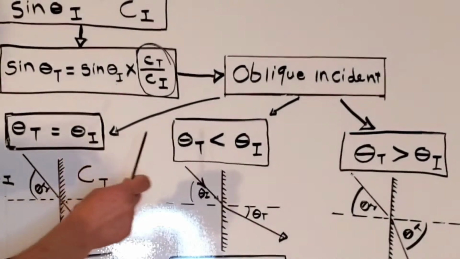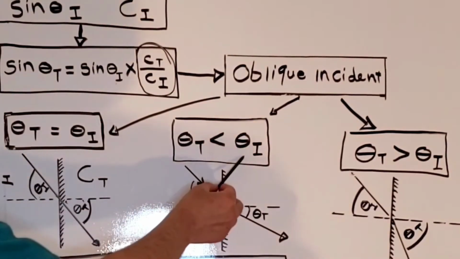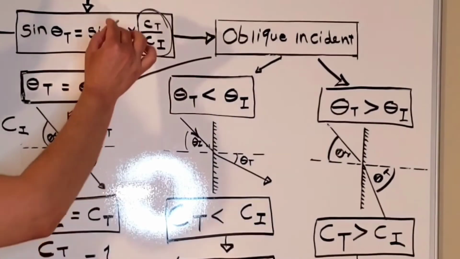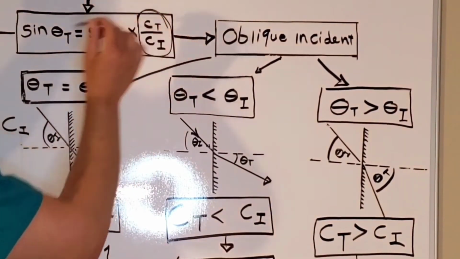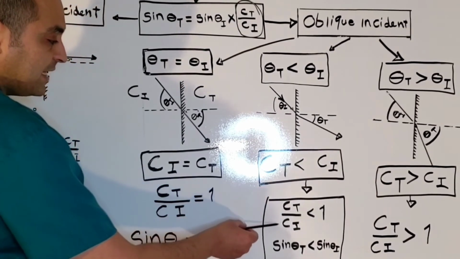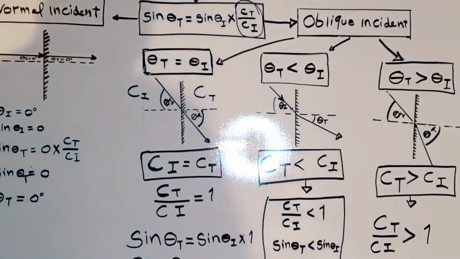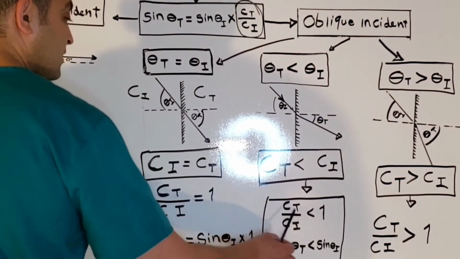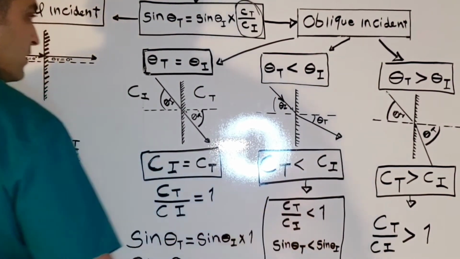The second case, we have that the angle of transmission is less than the angle of incident. Again, we'll use this part of the equation. If we have the propagation speed of the transmission less than the propagation speed of the incident, when we divide ct over ci, the result will be less than 1.